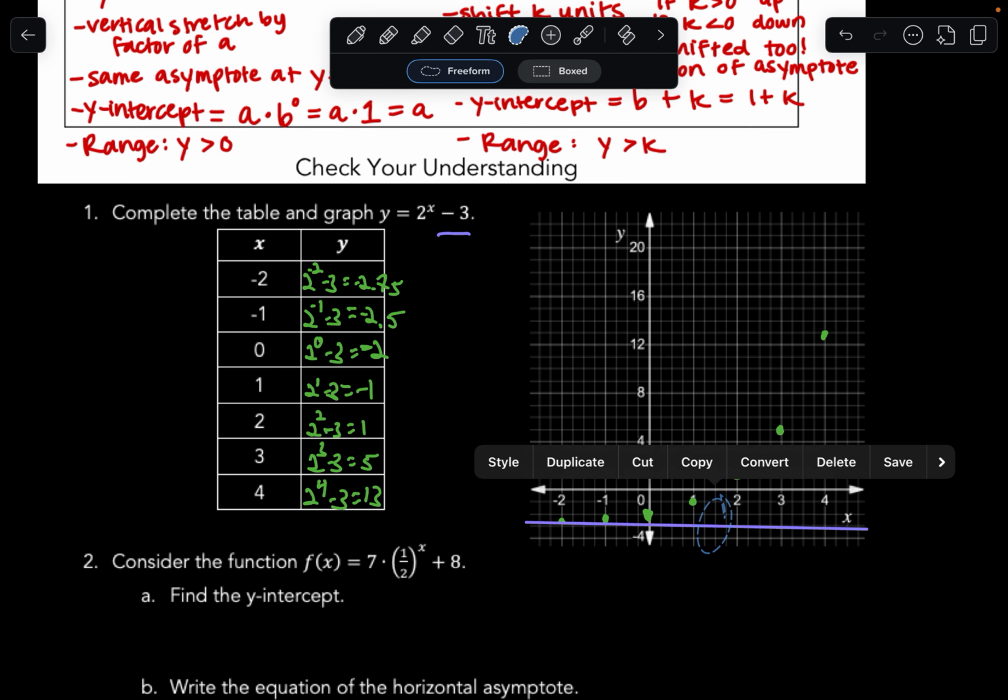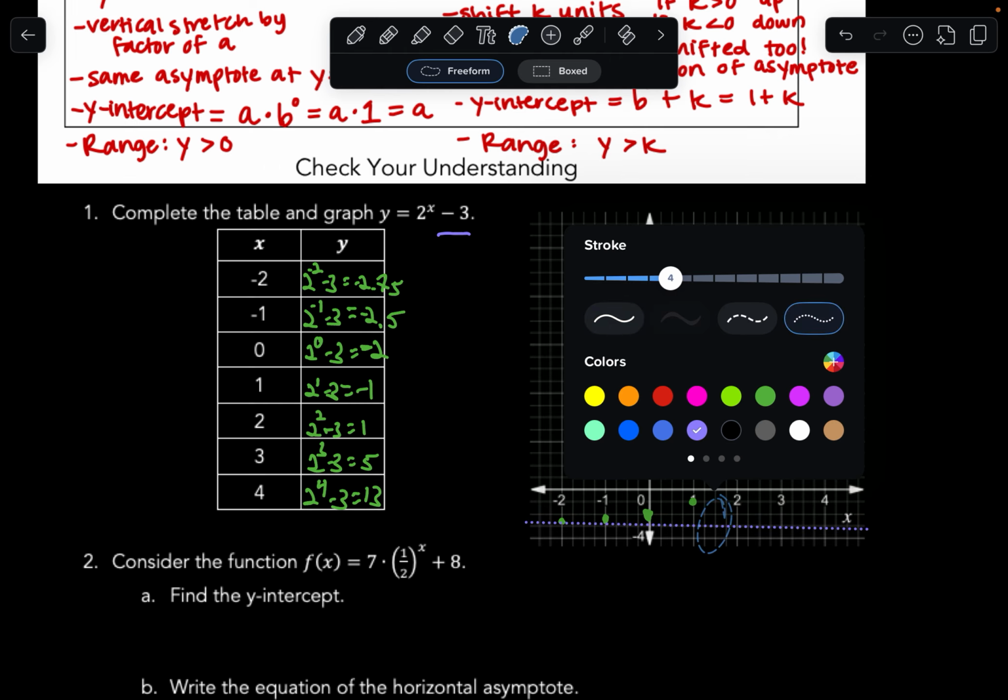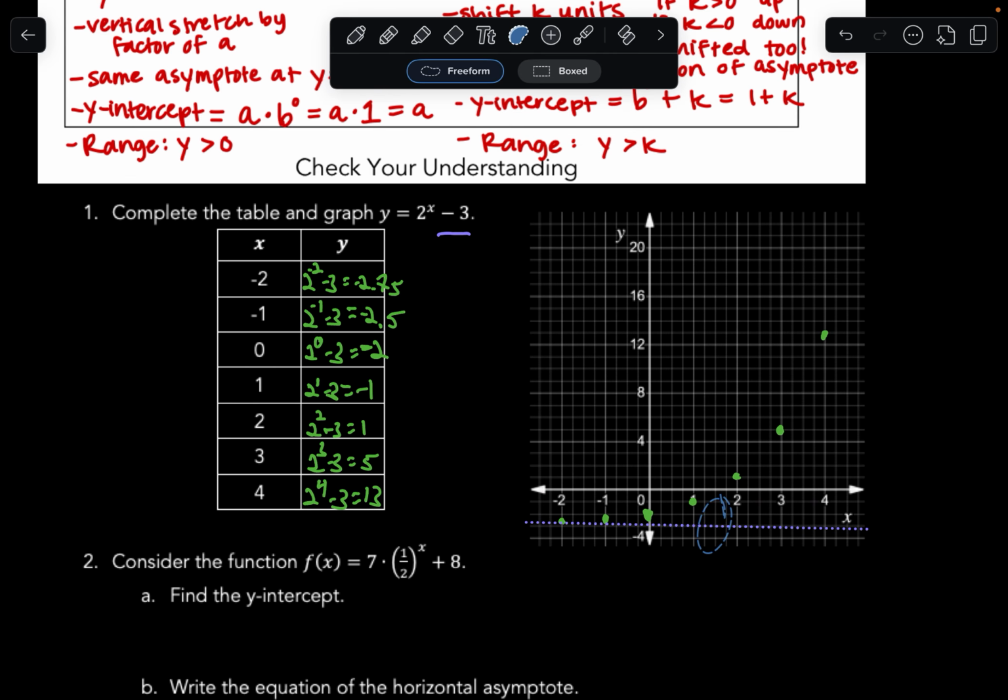So let's make it that. And so now you can use that as a guide to help you graph. It's going to flatten out down here, and then we're just going to go up.